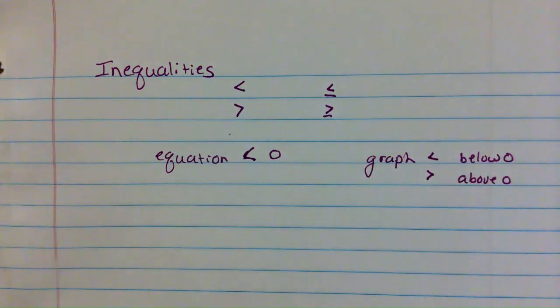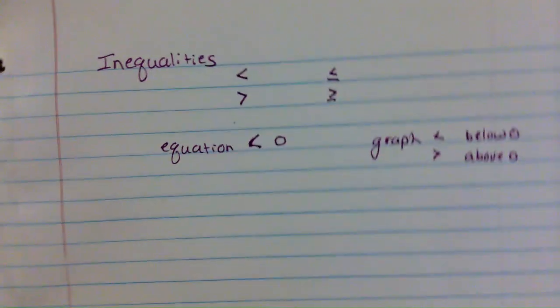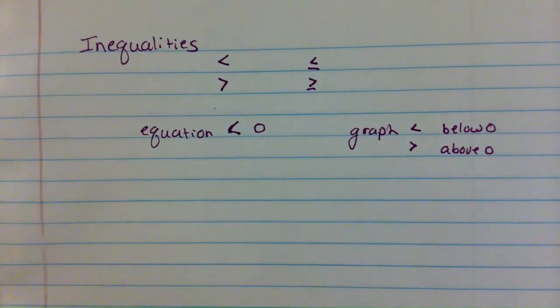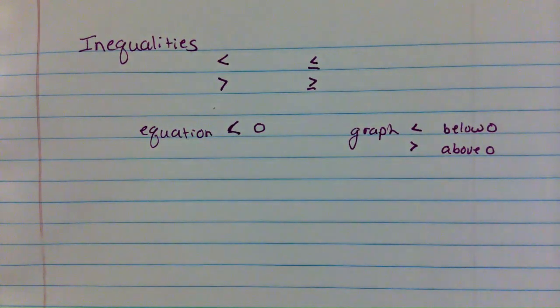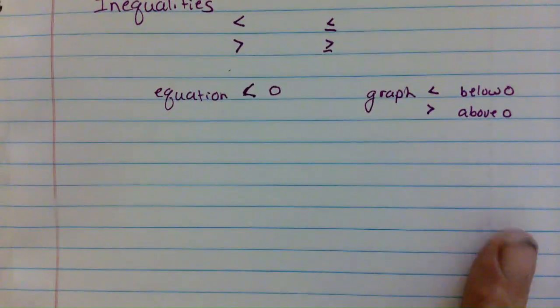So you can get a visual of that graph. However, depending on what variables they're talking about, if they're asking you to solve about x, then we're going to be utilizing just the information about the x's for when it's below zero, or just the information about the x's for when it's above zero. So let me explain to you what I mean by that.